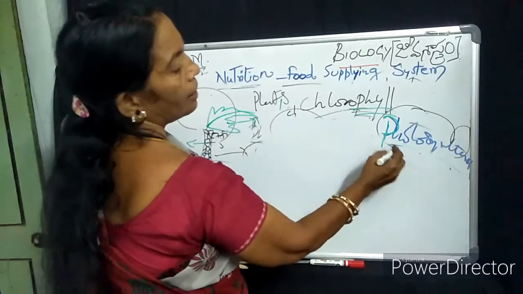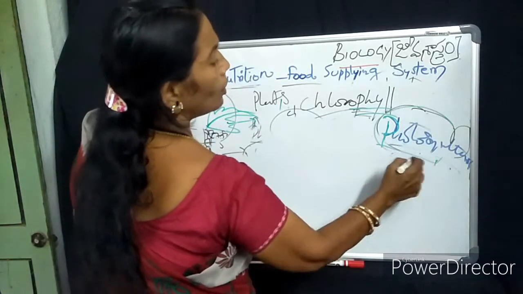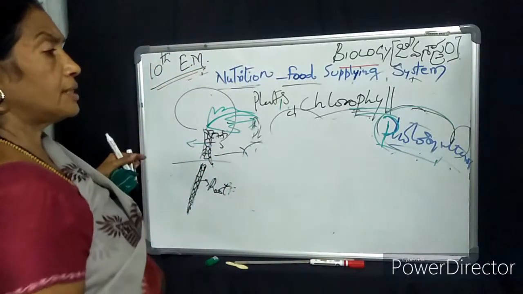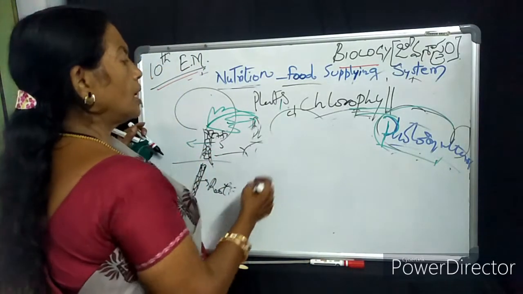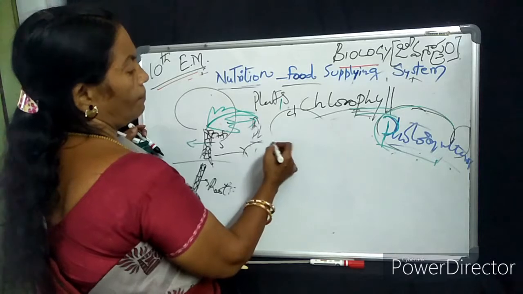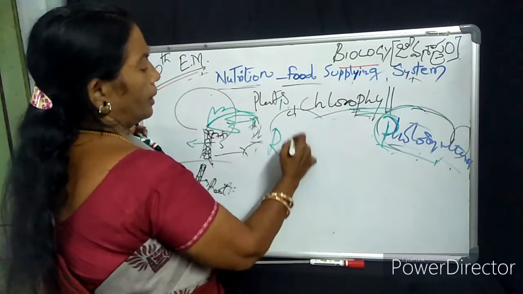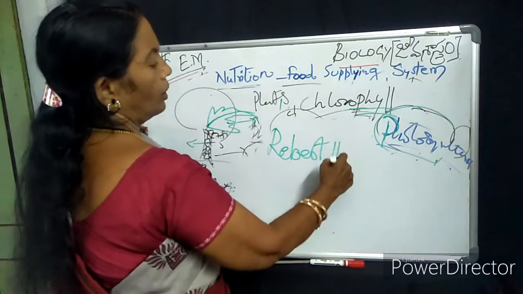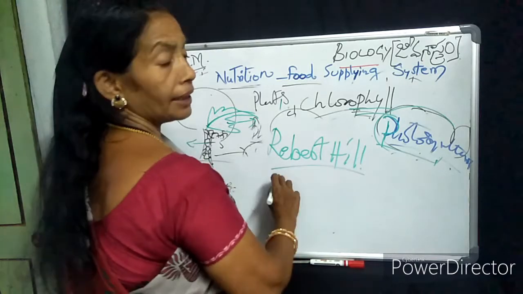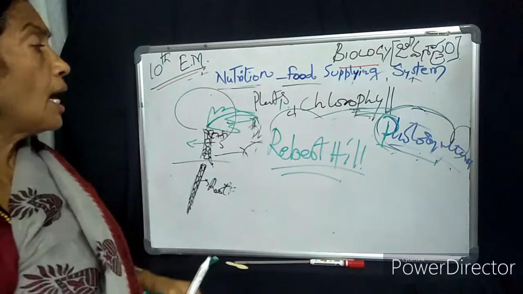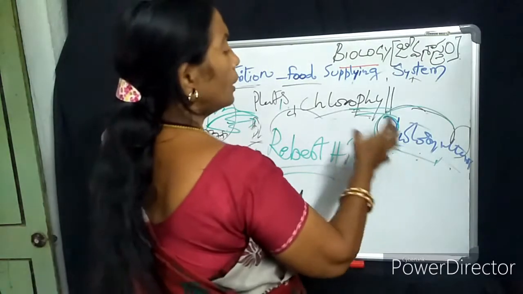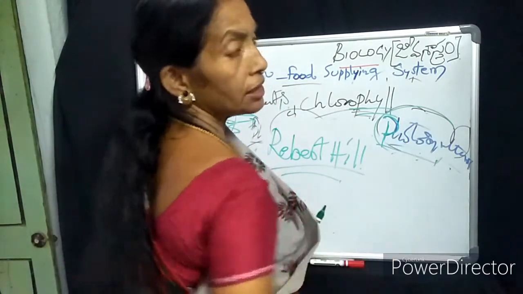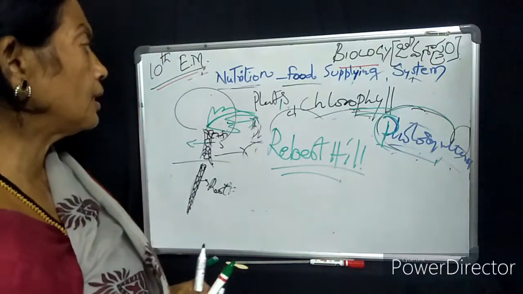This is our main process, the synthesis of food content. Robert Hill, one more great scientist, worked on green plants to know very clearly how green plants undergo photosynthesis.